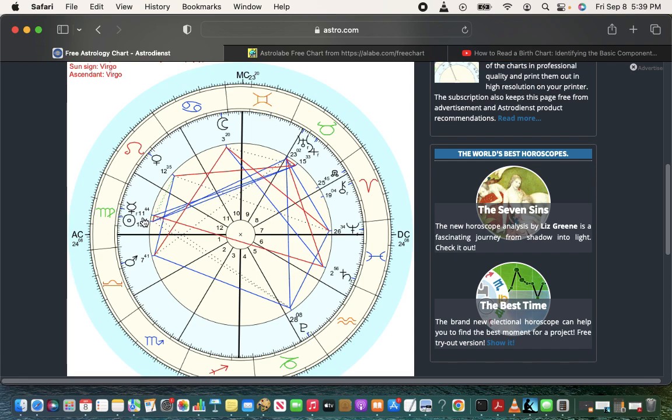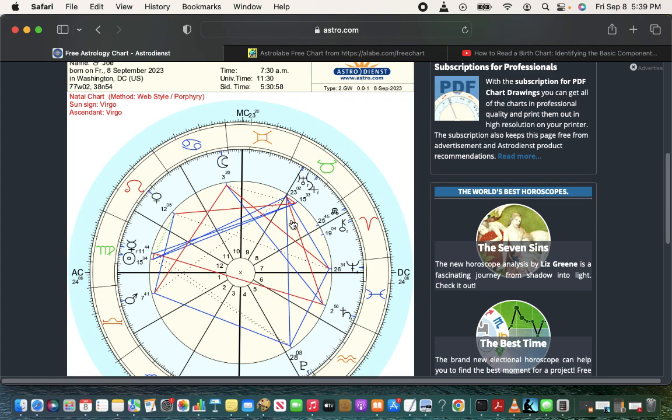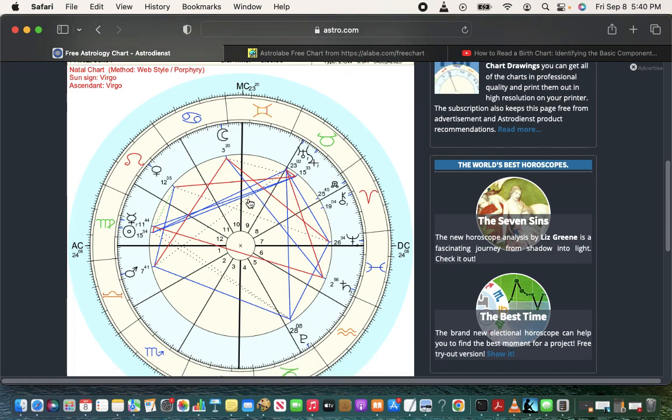A trine is an exact 120 degrees away from one planet to the other. So that kind of worked out well. I just randomly picked this day. So we have the Sun and Jupiter making an exact trine.